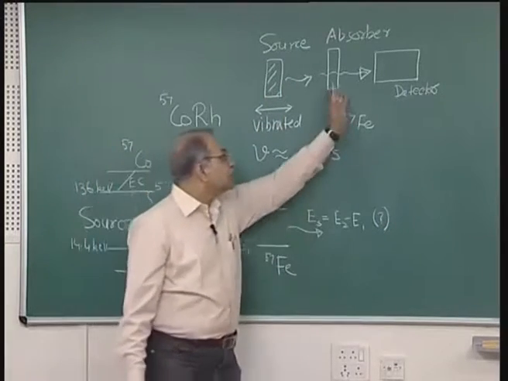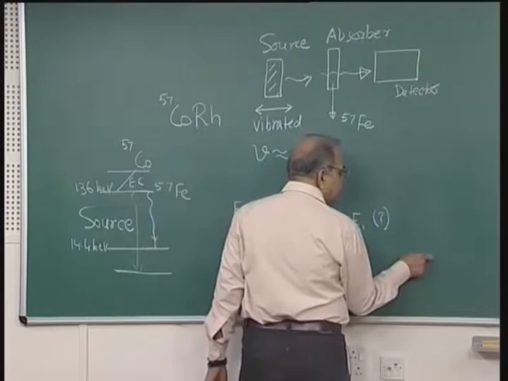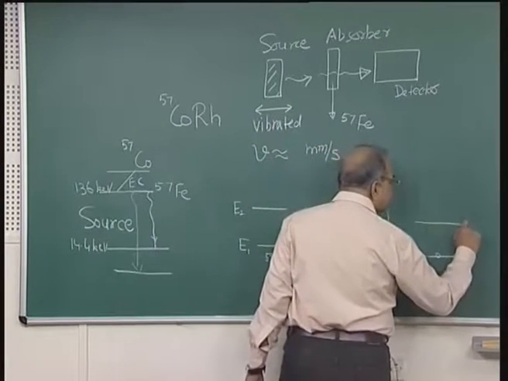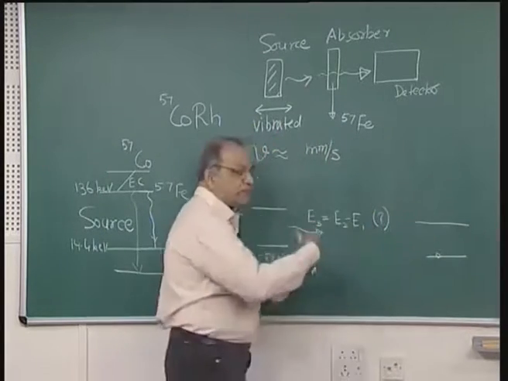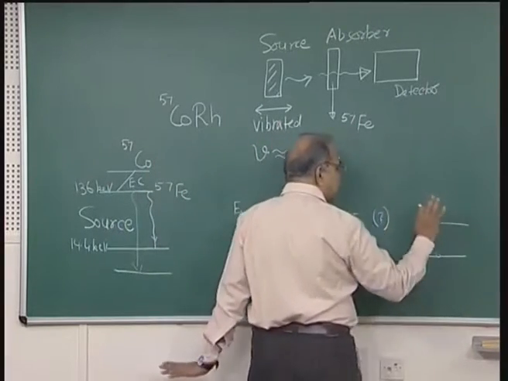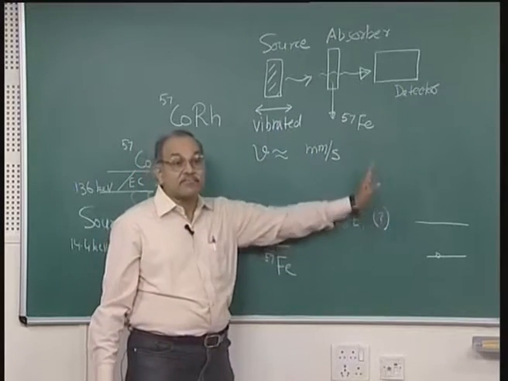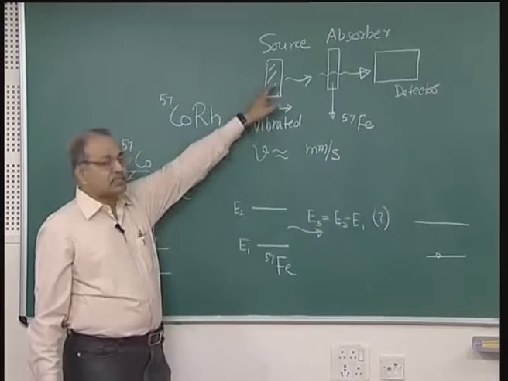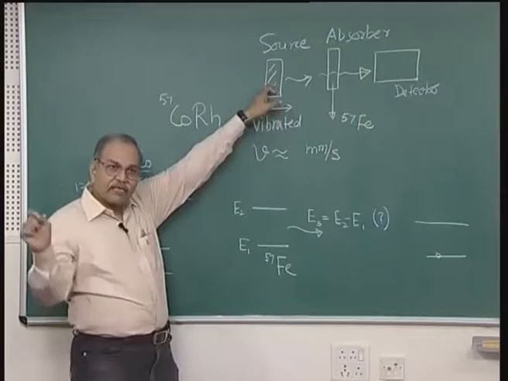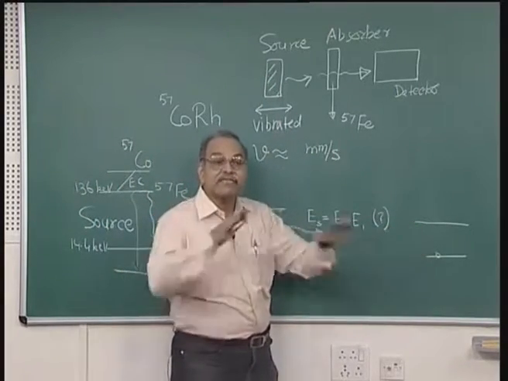Now, in the absorber you have once again iron 57, and this iron 57 is sitting in the ground state. So, it is here and the first level is here, maybe shifted, maybe split, not known. Let us just take the simple case of the stainless steel variety where it is just shifted. In the source the energy levels are shifted because of this rhodium, and there the energy levels are shifted because of this stainless steel environment.